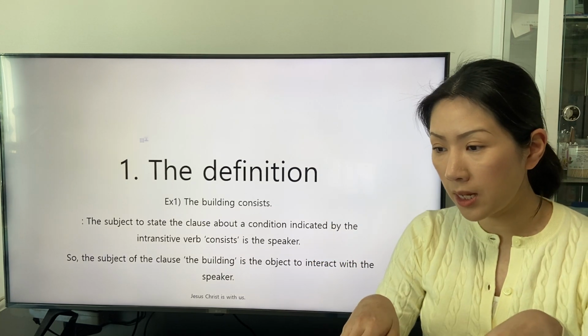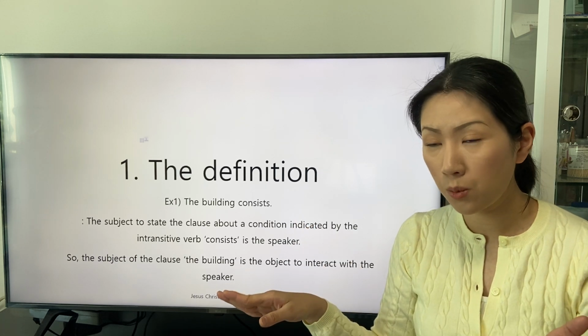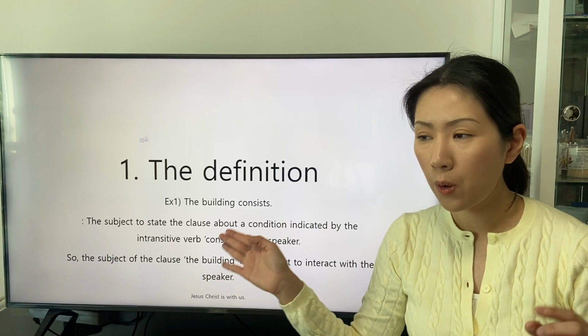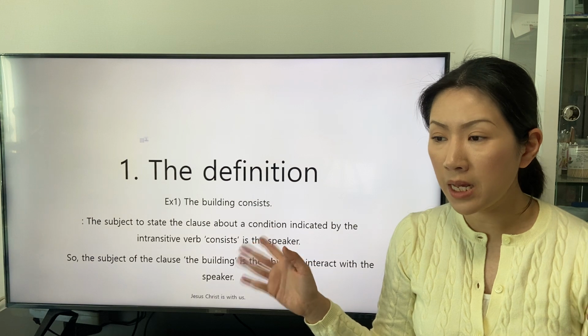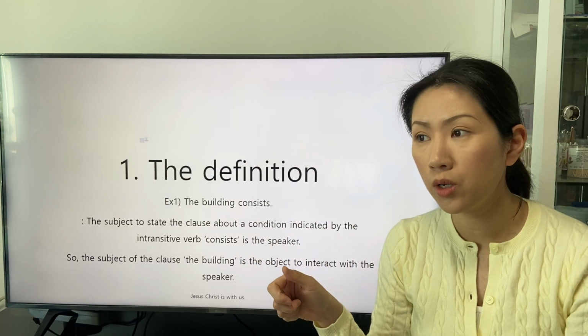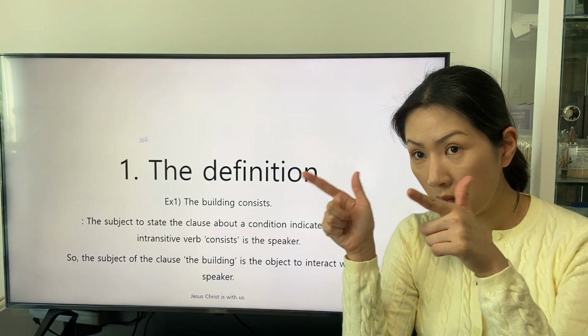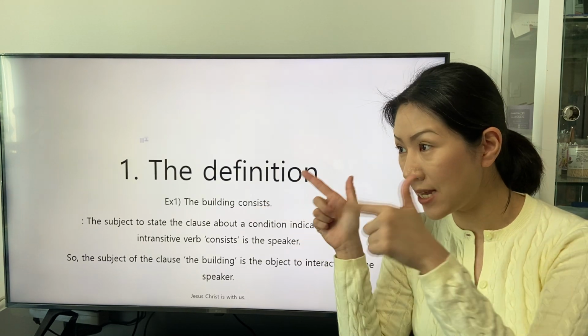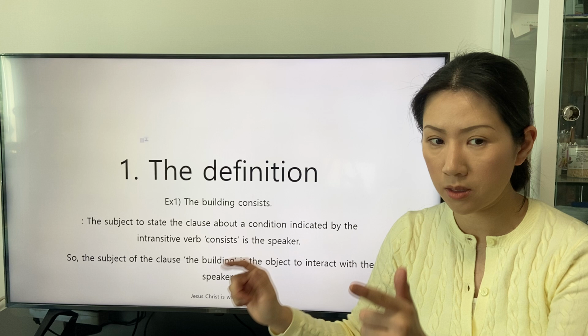In the first and second type of clause with the intransitive verb, we will be conscious about the perspective of the speaker, who stares at the subject of the clause and states the clause about the subject.